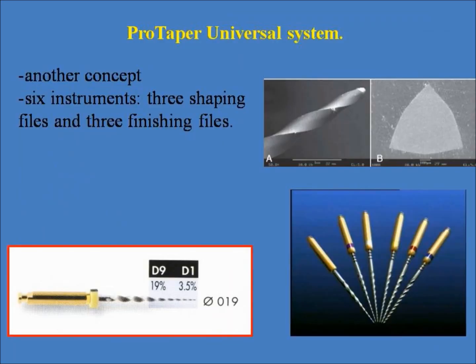In cross section, ProTaper shows a modified K-type file with a sharp cutting edge and no radial land. This creates a stable core and sufficient flexibility for the smaller files. The cross section of the finishing files F3, F4, and F5 is slightly relieved for increased flexibility.